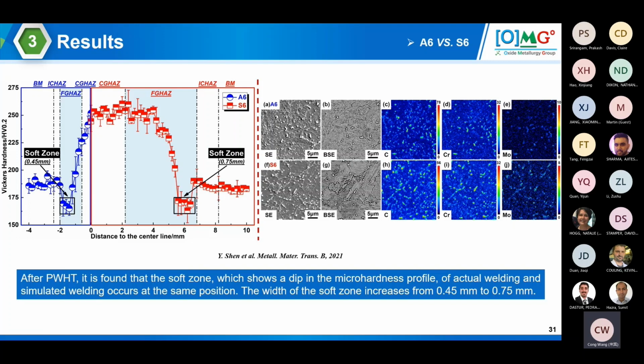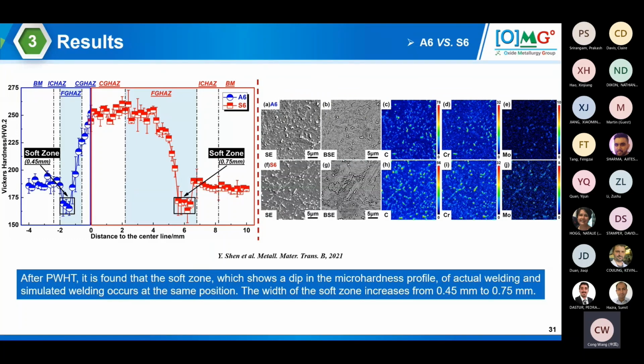So in this way, we are able to enlarge the soft zone, which shows the lowest hardness value, a distinction that will be regarded as where the soft zone would reside. So for now, we are able to expand the soft zone in the width dimension.